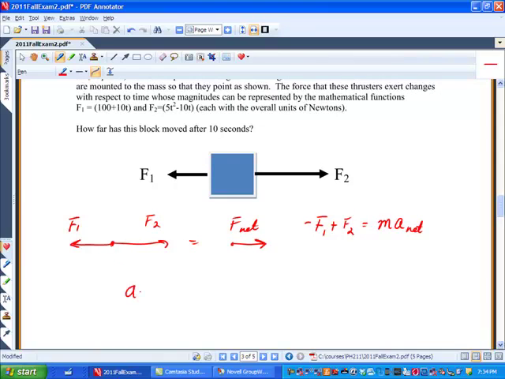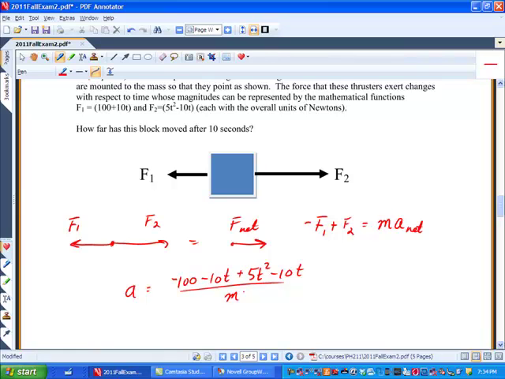This means that the acceleration is going to equal minus 100 minus 10t, add 5t squared, subtract 10t, divided by m.